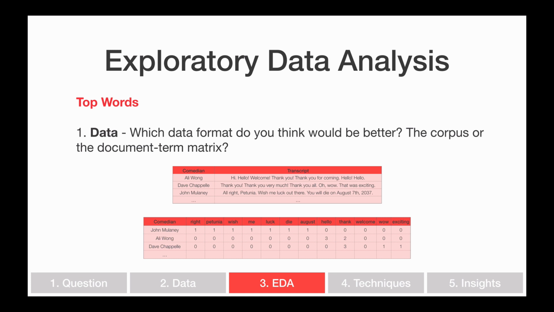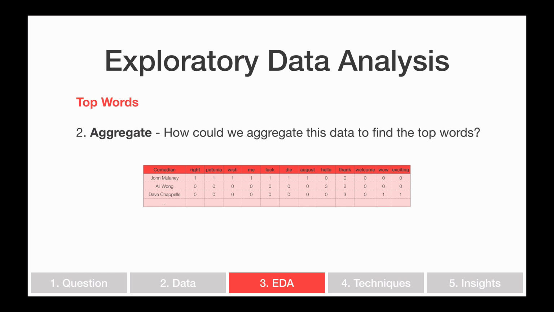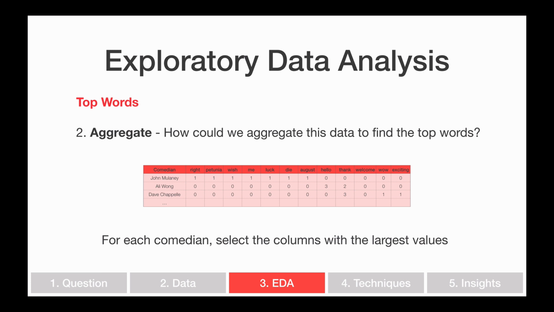Now that you've gotten comfortable with these, you probably know that this document term matrix would be perfect for this situation because I already have for each comedian all of the words that they use and how often they use those words. So now that I've gotten the data, the next thing I need to do is aggregate that data in some way. So how can I aggregate this data to find the top words?